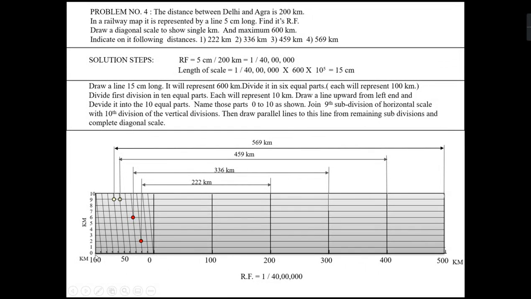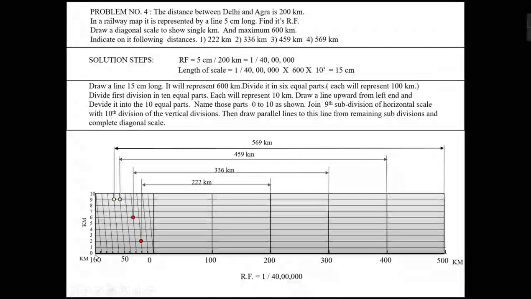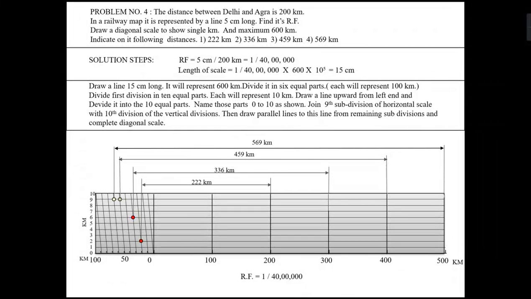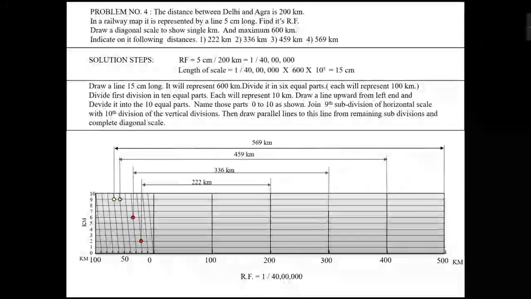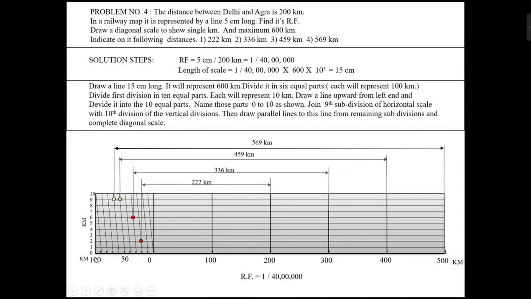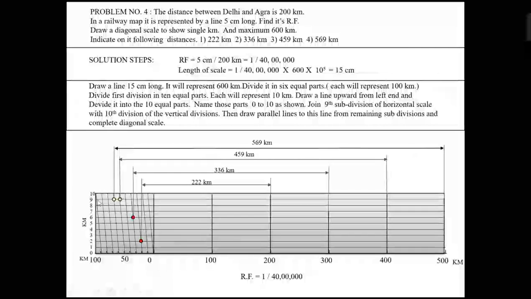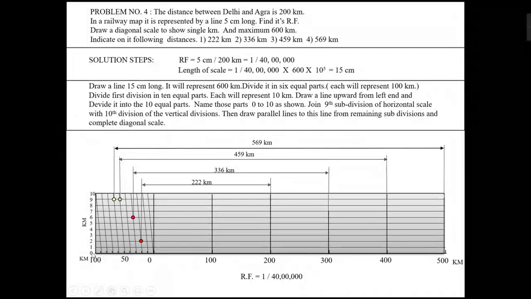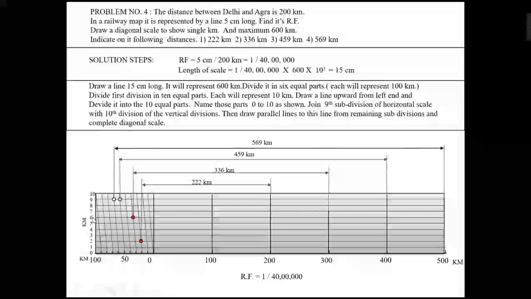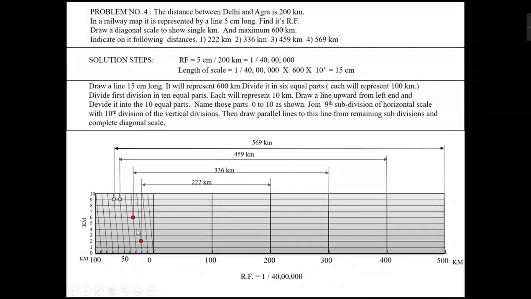And when you are cutting this diagonal scale into the 6 equal parts or 10 equal parts, those are the construction works. So those you have to do with the help of a 2H pencil. This is another 10 parts that you are doing for making the diagonal scale.